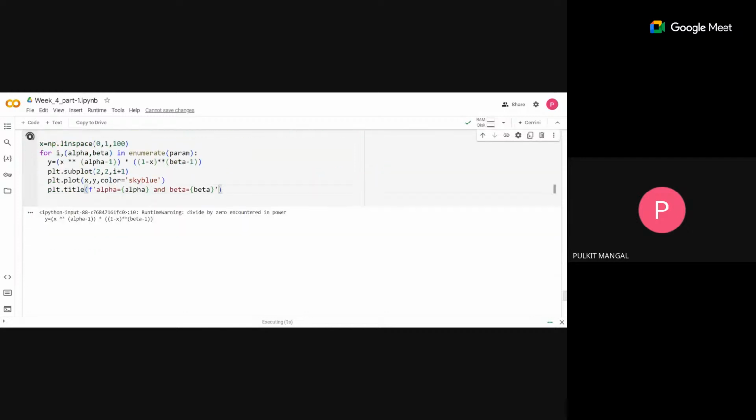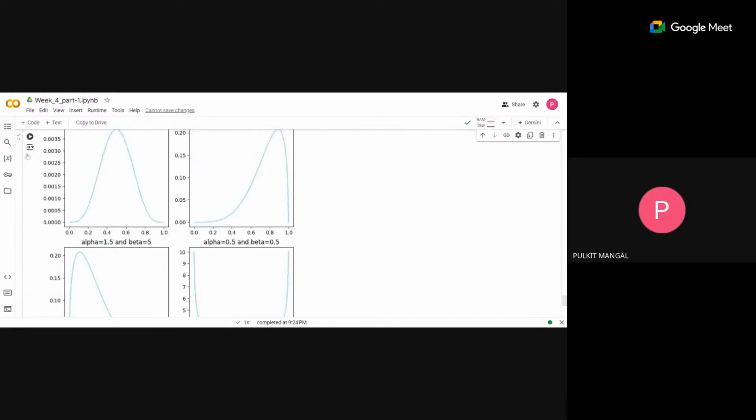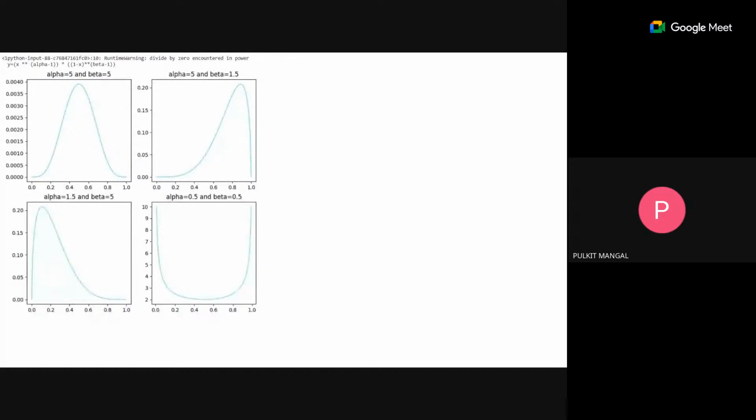If I run this, you will get this graph: for 5 comma 5, for 5 comma 1.5, for 1.5 comma 5, and for 0.5 comma 0.5. Is this clear to everyone, how we created this?